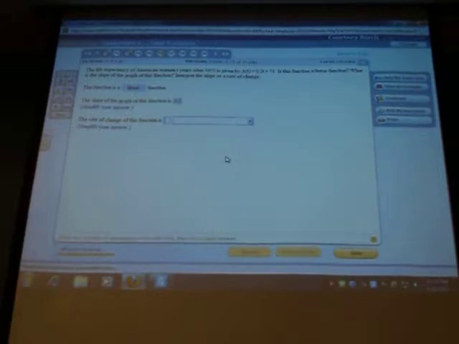Now here's where we get a little confused, when we have these drop-down boxes and they talk about the unit. So my rate of change is the same as the slope, 0.2. Now let's try to interpret this before I even look at the choices. My t is my year, and y is the life expectancy.